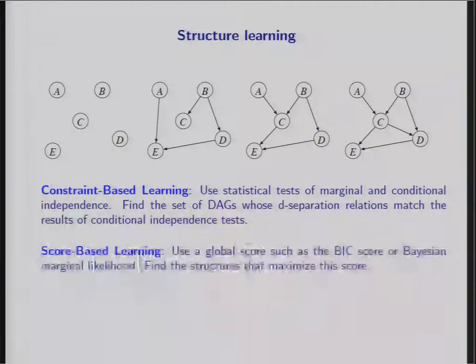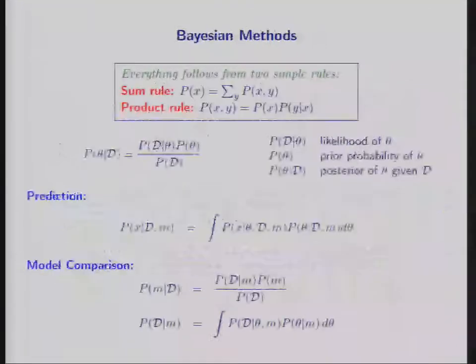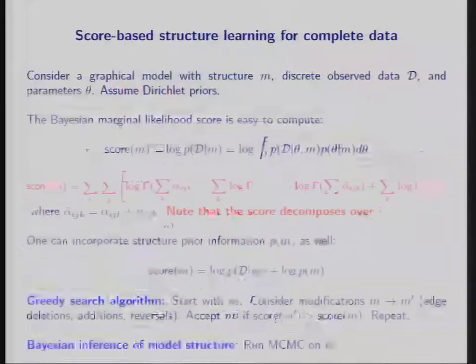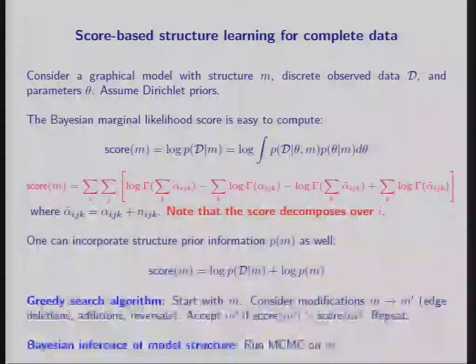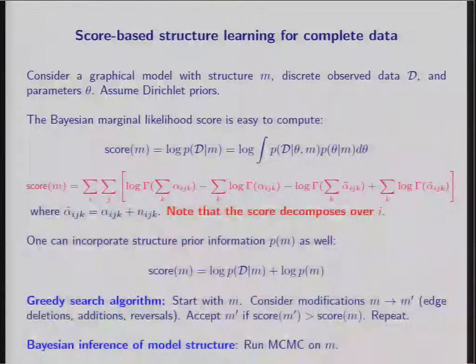Let's look at score-based learning in a little bit more detail. Essentially, we're just going to apply those rules to learning in graphical models. Let's imagine the situation with complete data, so we have no missing or hidden variables. Consider a graph with some structure M. You have discrete observed data D and parameters theta.